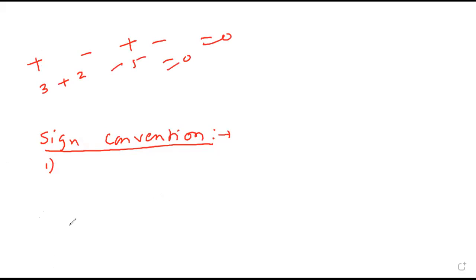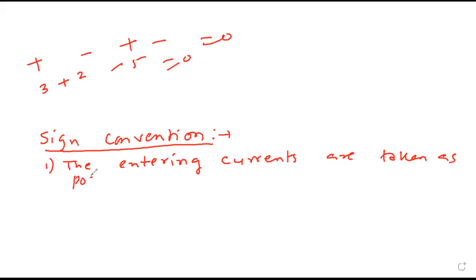So which currents are positive and which are negative, that is our convention. The entering currents, that means the current which comes to the junction, are taken as positive currents.